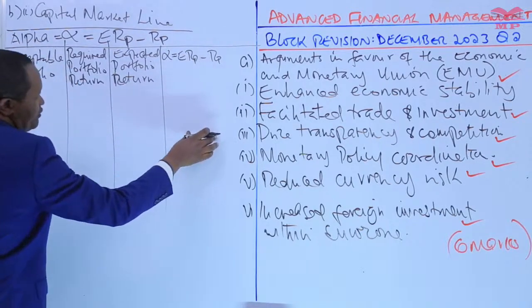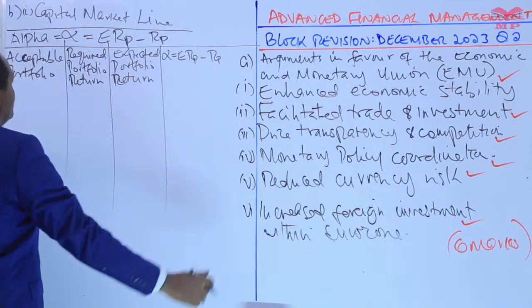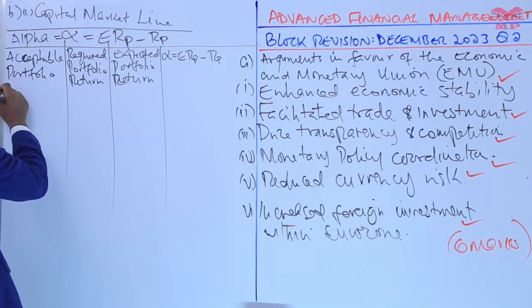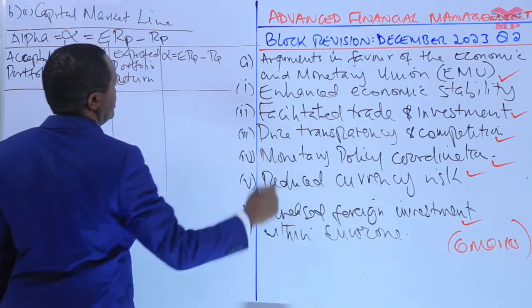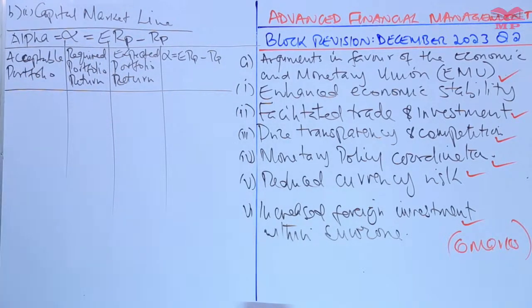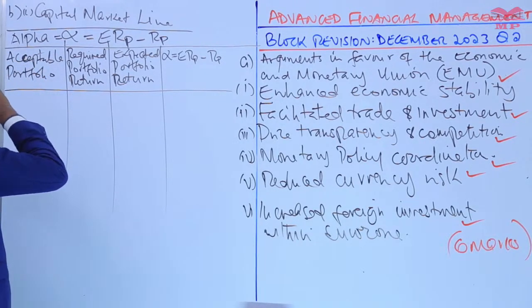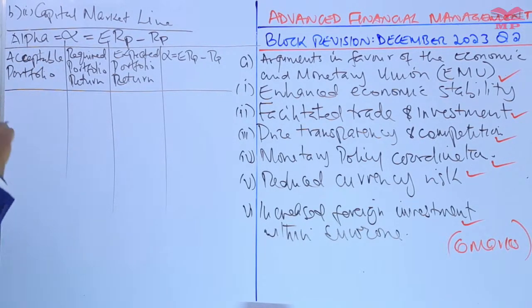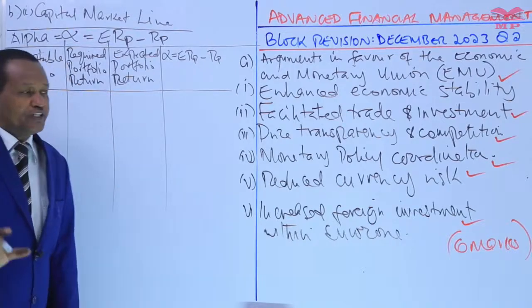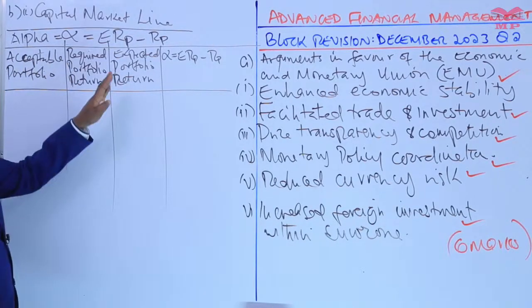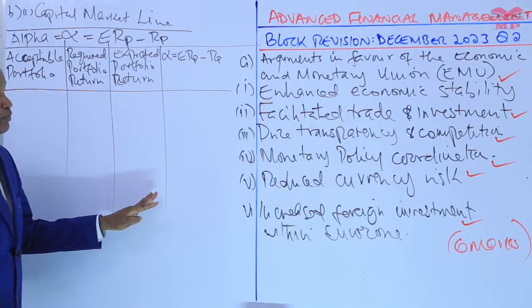Then based on this alpha of the different combinations, we will advise what project to invest in, what portfolio to invest in, what the right combination of projects. For that, this is the formula. So candidates, when faced with such a question, it's important first of all to put down the formula.